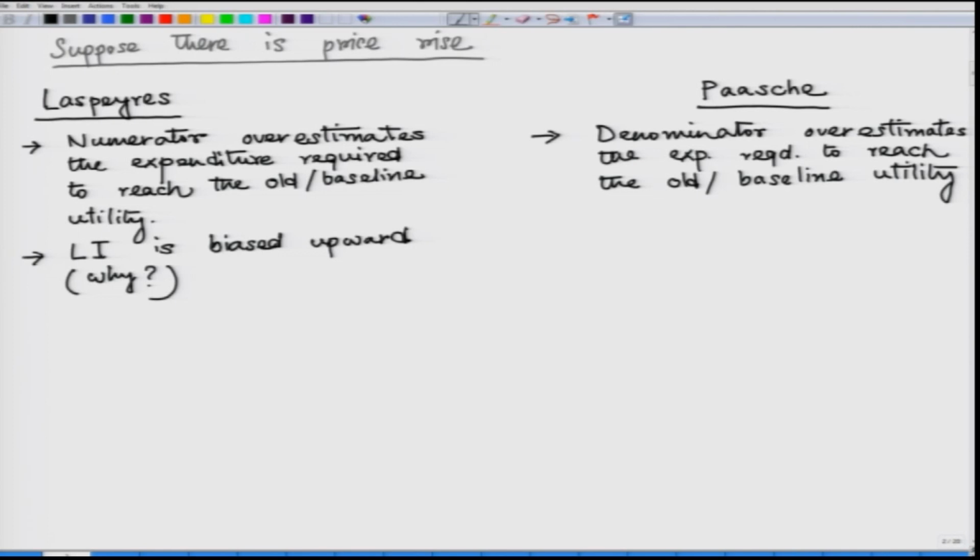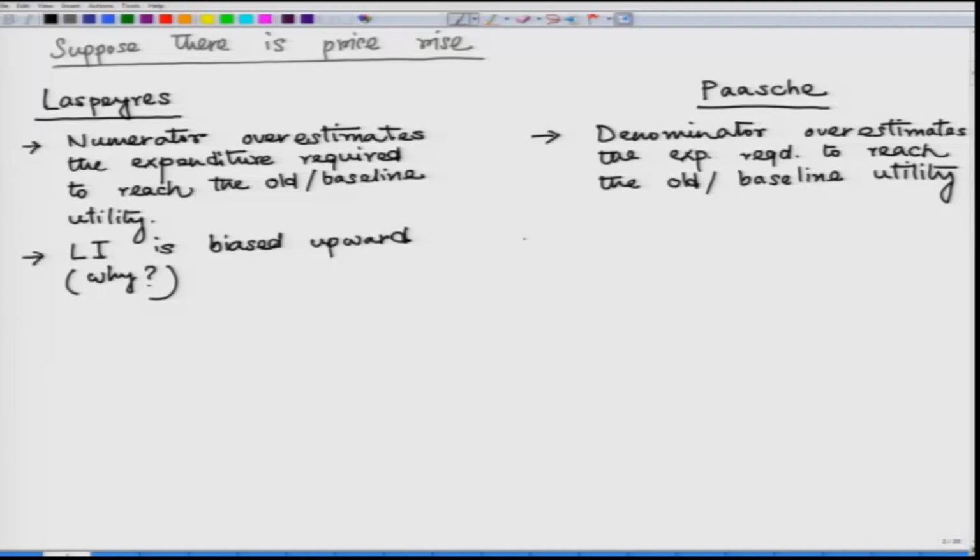Because in the case of Laspeyres price index, people follow Slutsky substitution effect, and that tends to overcompensate the consumer for a rise in price level, because in Slutsky substitution effect the consumer generally reaches a higher level of utility. So, utility level does not remain fixed as it should be in the case of an ideal cost of living index, which is by definition, but here in the case of Laspeyres it is not followed.